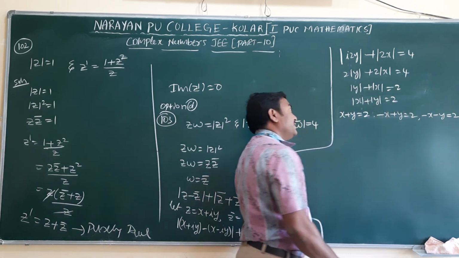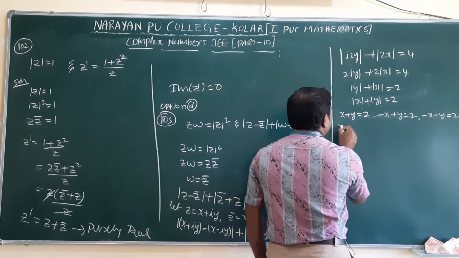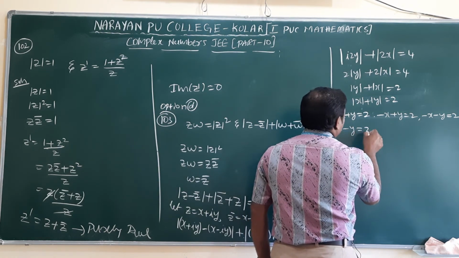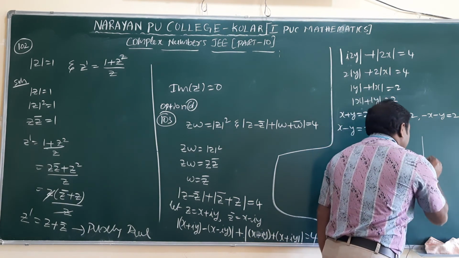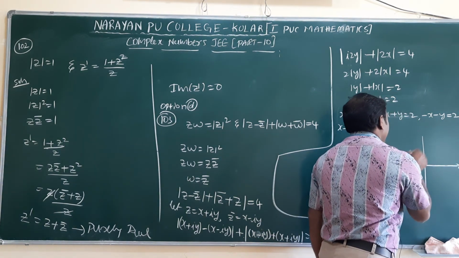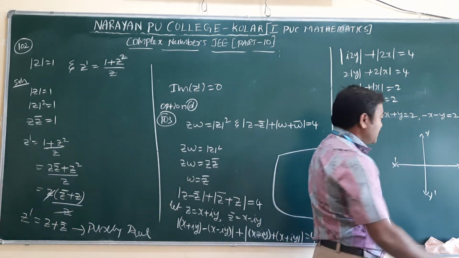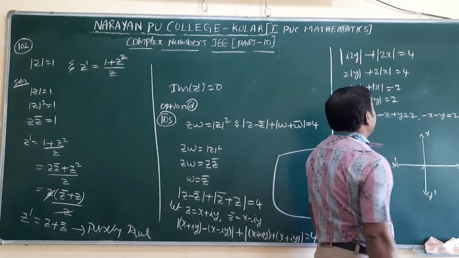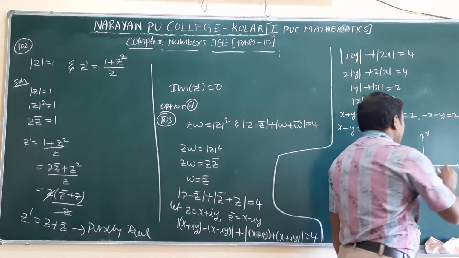In the fourth quadrant, x is positive, y is negative, so x minus y is equal to 2. Now we can draw like this: x axis, y axis, origin.